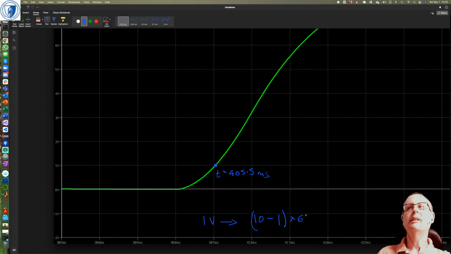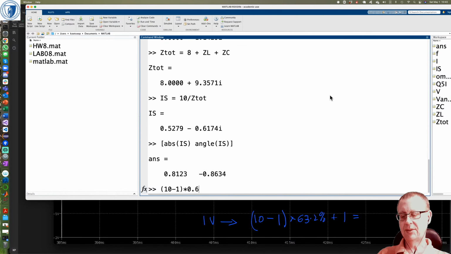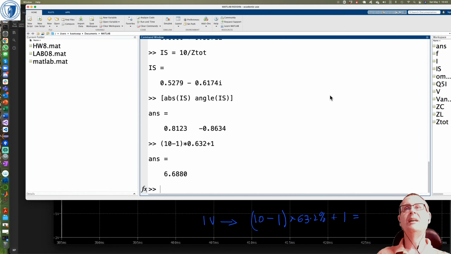So 63.2%, plus 1, because this is the rise from this level. So let's figure out what that is in Matlab. So 10 minus 1 times 0.632 plus 1. So it's 6.688 volts.